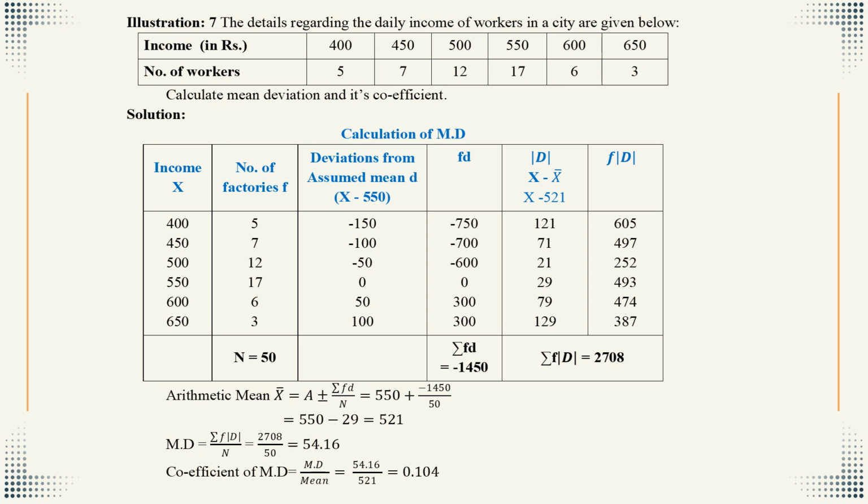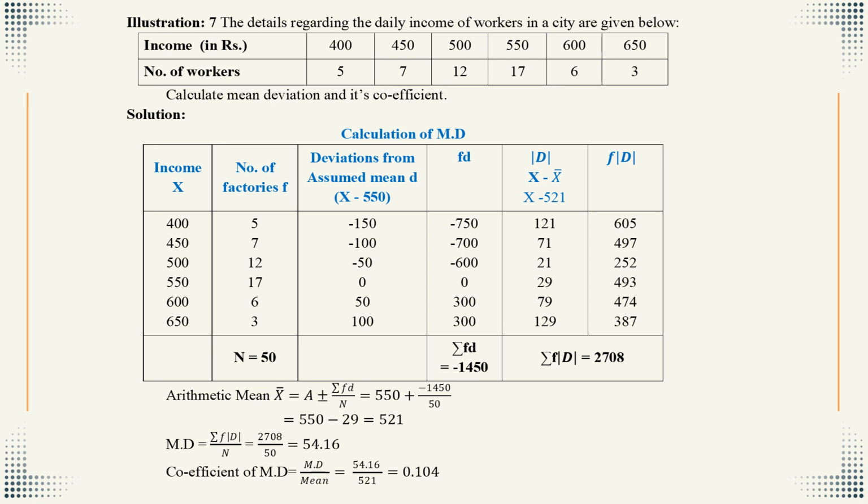You have assumed 550 according to convenience. 500 also you can take, which seems to be about the mid value. If you take 600, that is also good. You can take 650 also. The answer will be the same, but for convenience, some middle value should be taken.